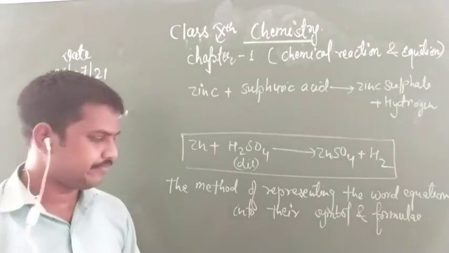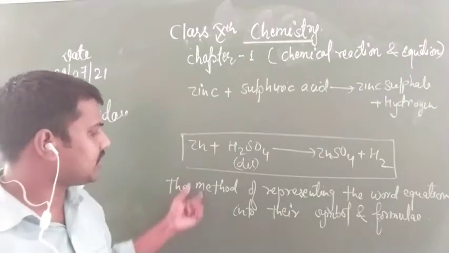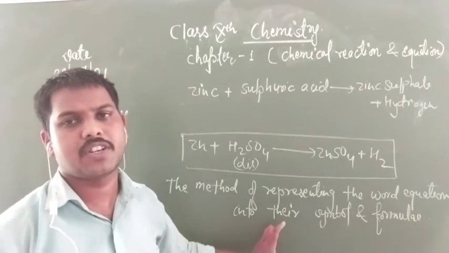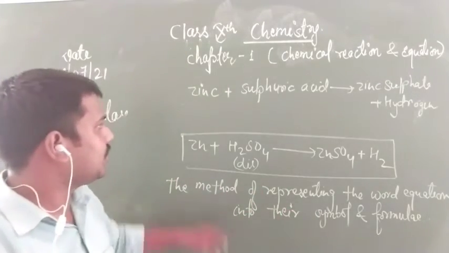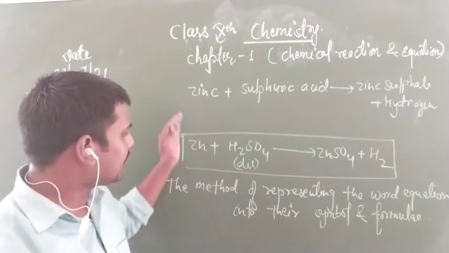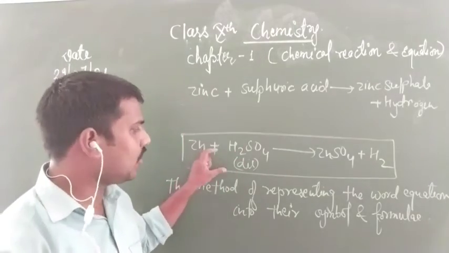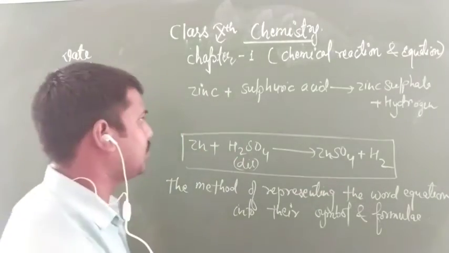Clear everyone? It means that a word equation is given, and when we express it in symbols and formulae where required, this is called the chemical equation.